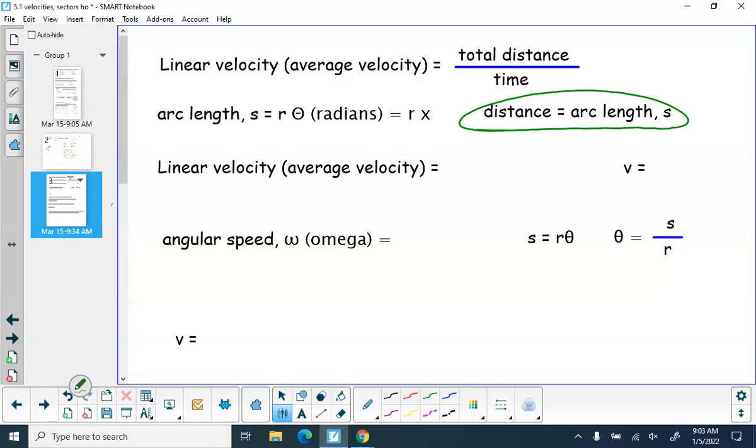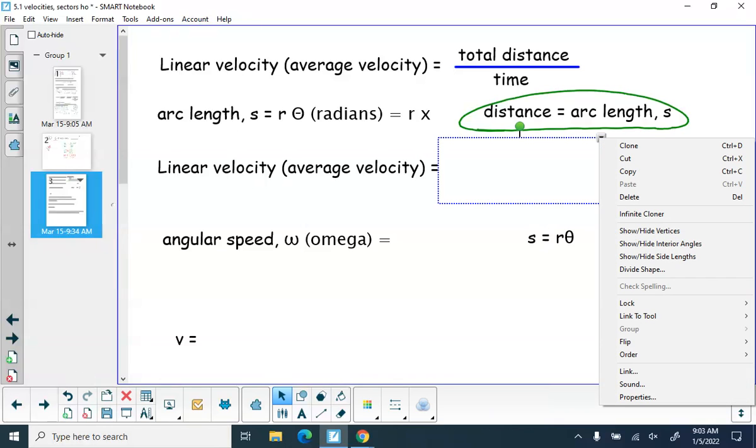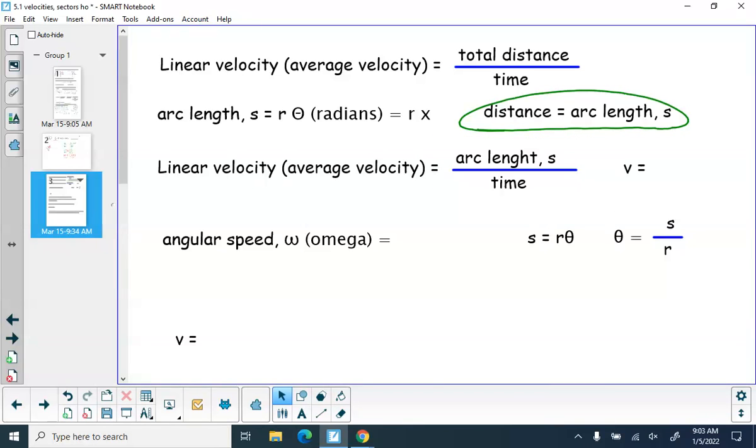So when you talk about a linear velocity or average velocity, it's your total distance divided by time. This turns into your arc length divided by time, because the distance I'm dealing with is my arc length. So we have S divided by T.